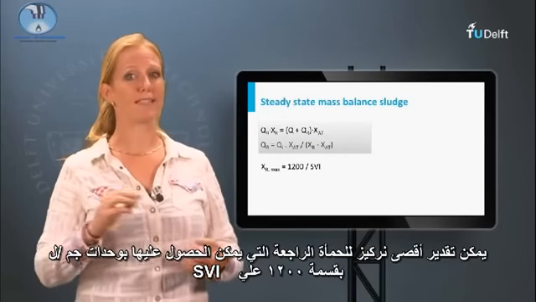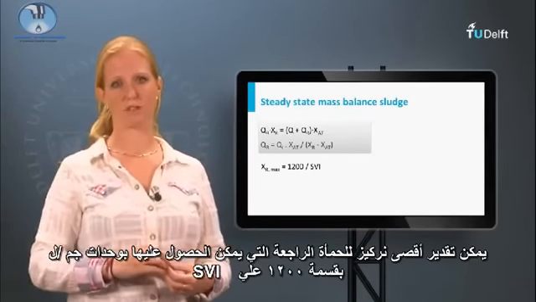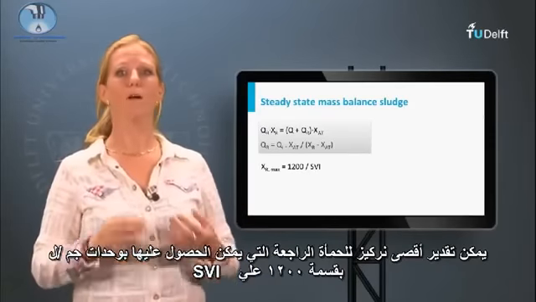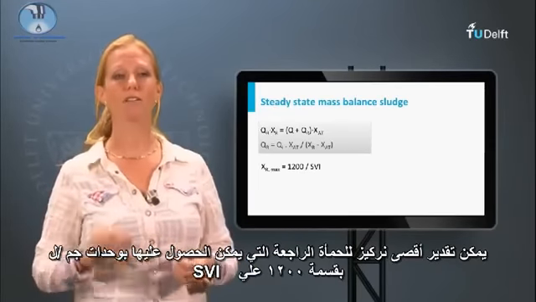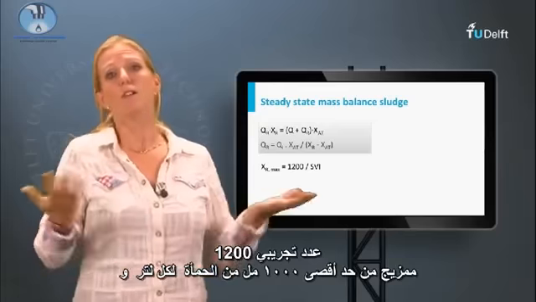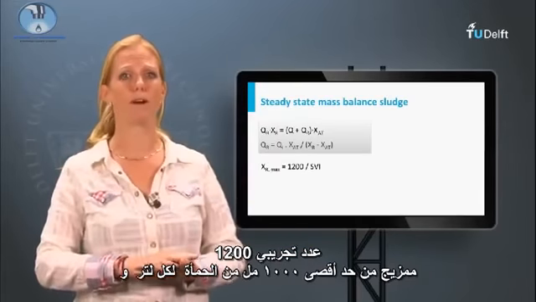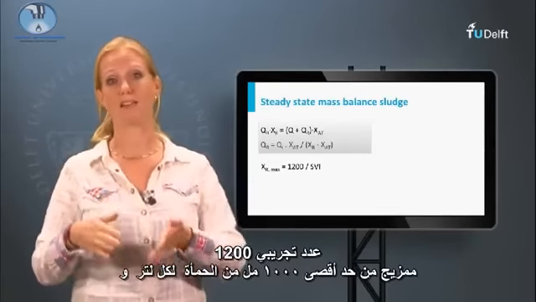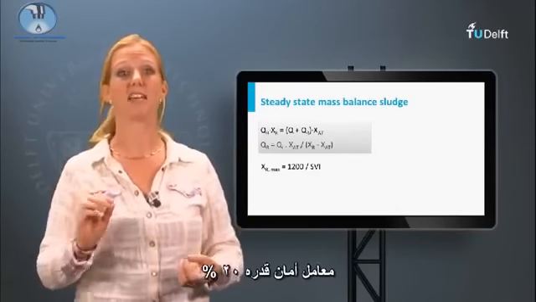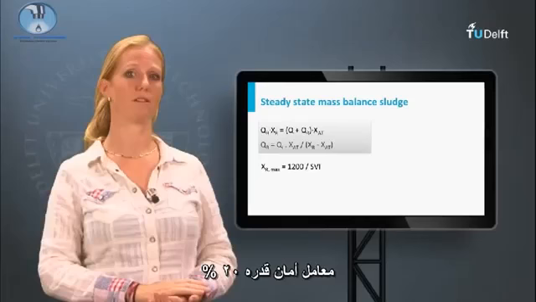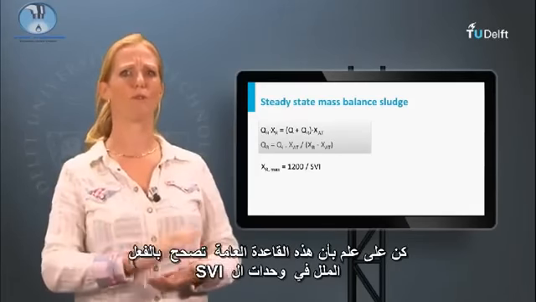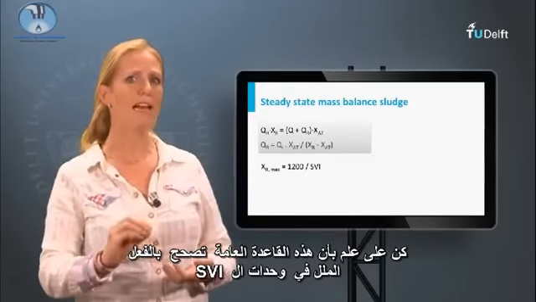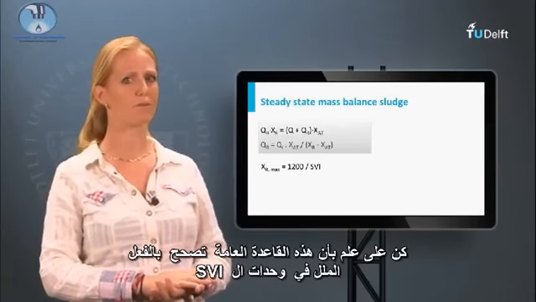We could estimate a maximum obtainable sludge concentration in gram per liter by dividing 1200 by the SVI. 1200 is an empirical number, a combination of a maximum of 1000 milliliter sludge per liter and a safety factor of 20%. Be aware that this rule of thumb already corrects for the milliliters in the SVI unit.